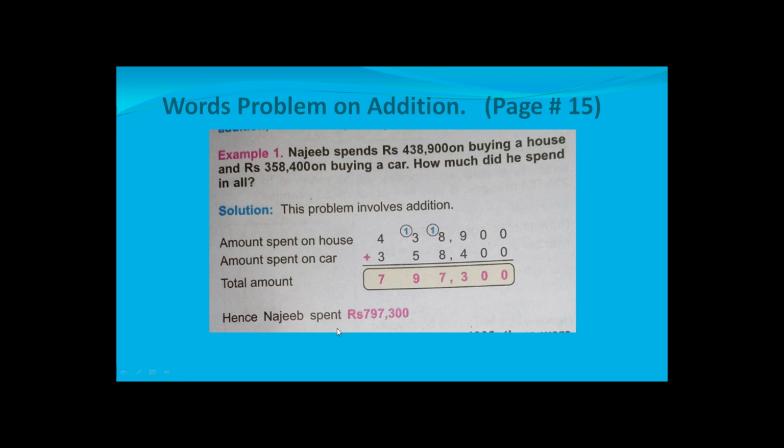Hence Najib spent how much money? You have to write it in the form of rupees. Write from this side. Always write from this side. 003797. But read from this side. Now 797,300 rupees.